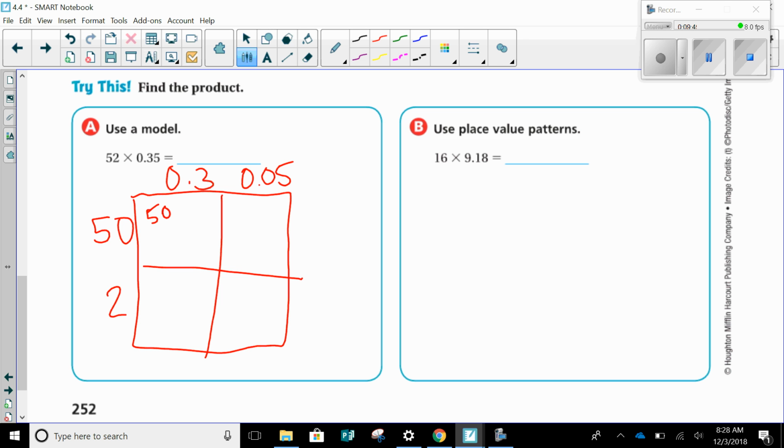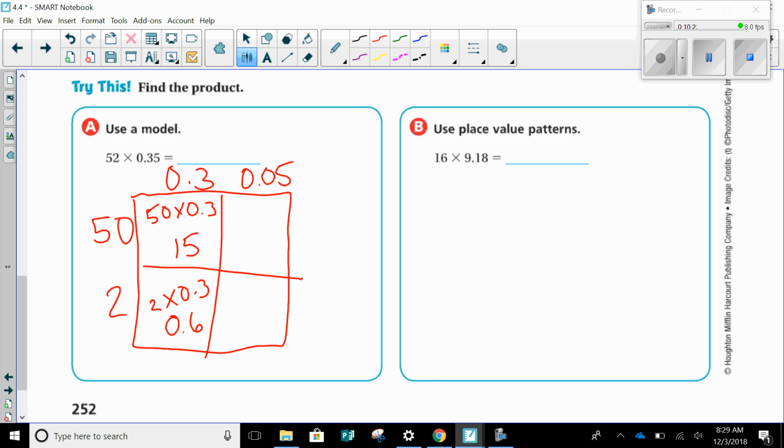So this is going to be 50 times 0.3, which is 15. 3 times 5 is 15. Then this is just 2 times 3 tenths. 2 times 3 is 6. And I have 1 place after the decimal point. So my 6 is going to go after the decimal point.